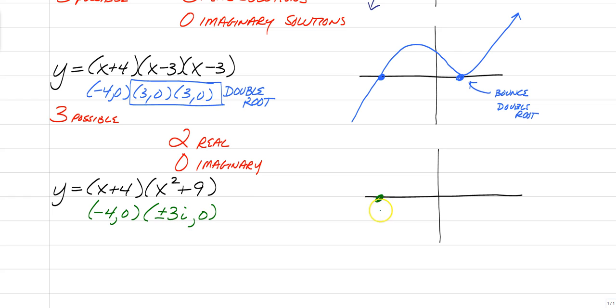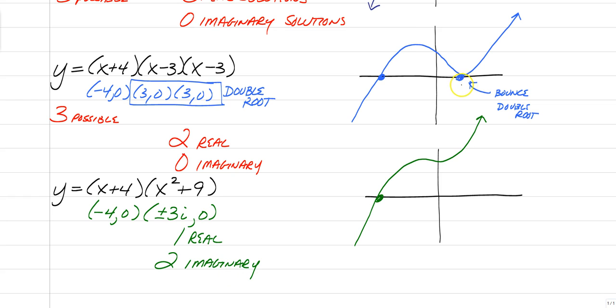Graphically, it's still going to go through the negative 4, but it's never going to come back down and touch the x-axis again. So it'll look something like this. And that means we cross the x-axis once. So we have 1 real solution, but we have 2 imaginary.